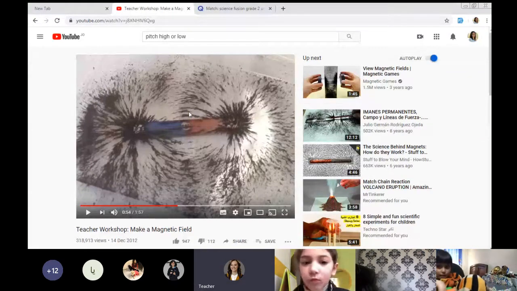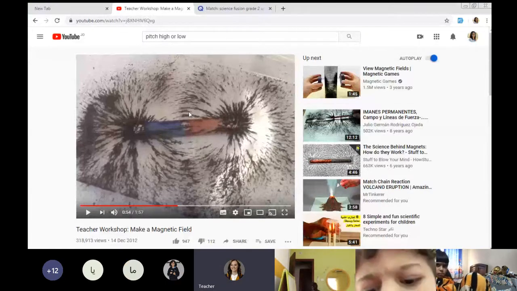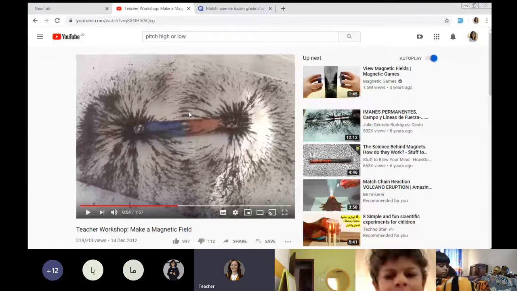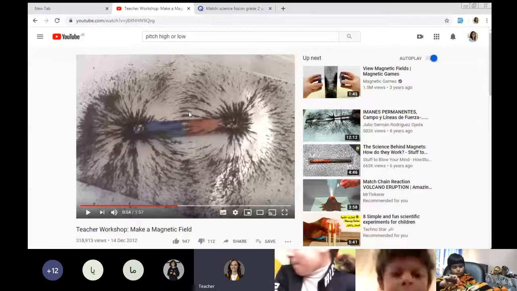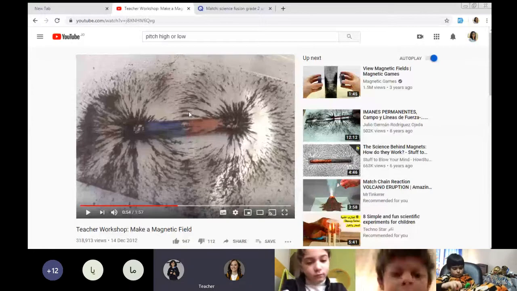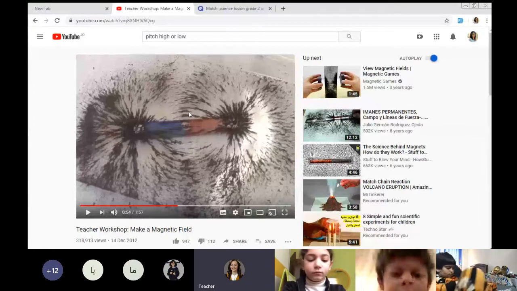In our classroom, something that is very large that we use to put magnets on. Do you remember the eraser that we used to erase the board? It had a magnet, right? To stick it on the board. Thank you.